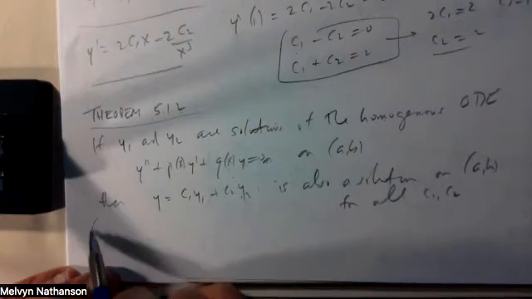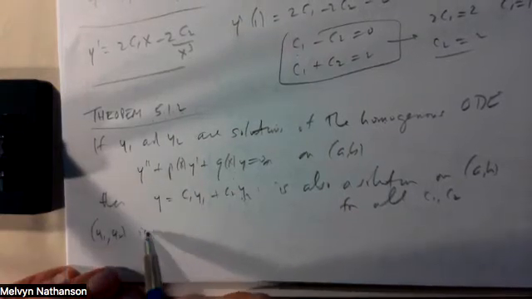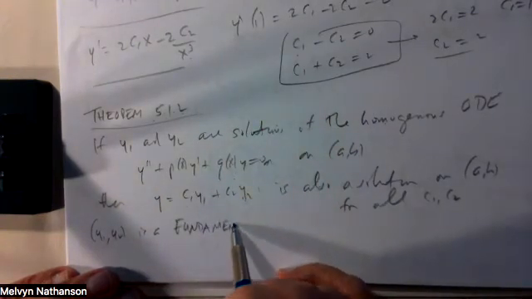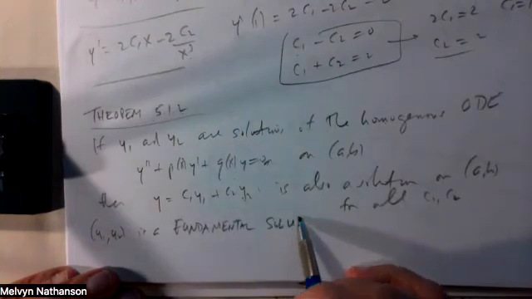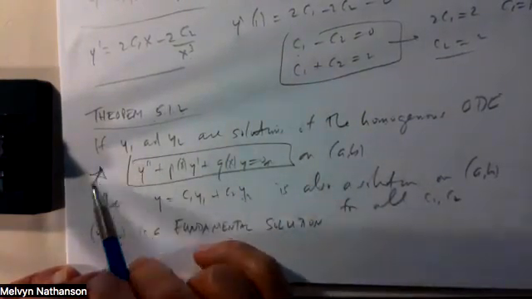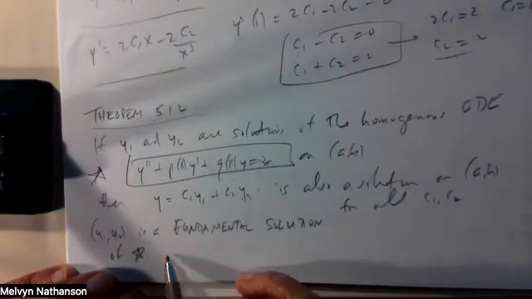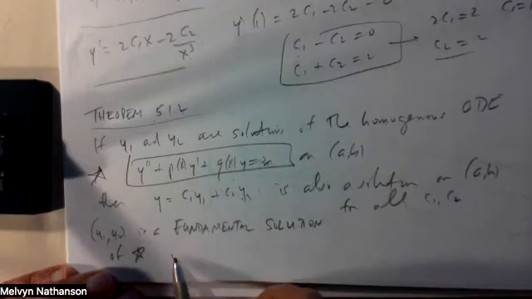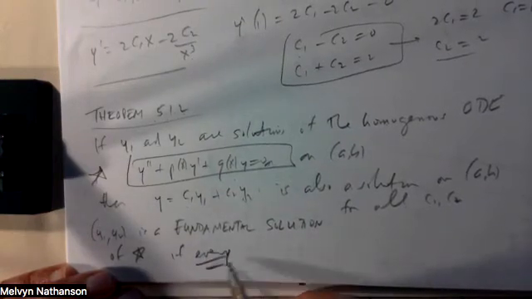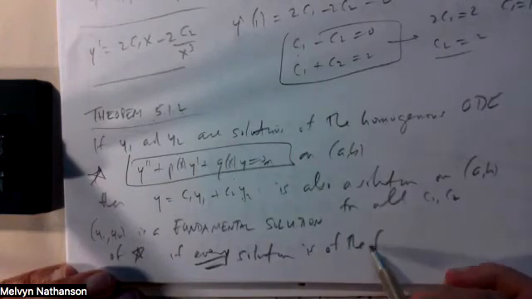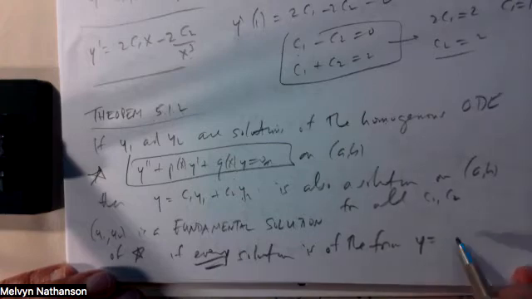So we say that this pair of functions, y1, y2, is a fundamental solution of my differential equation, call it star, if every solution is of the form y equals c1 y1 plus c2 y2.